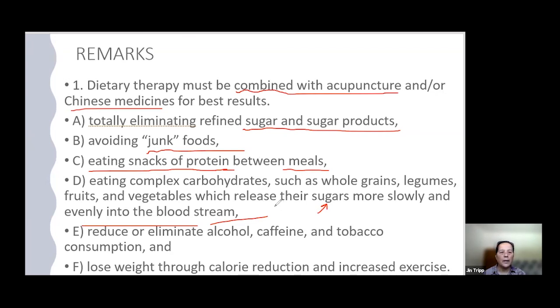And encourage the patient to do some exercise, control body weight, and not drink alcohol, less coffee.